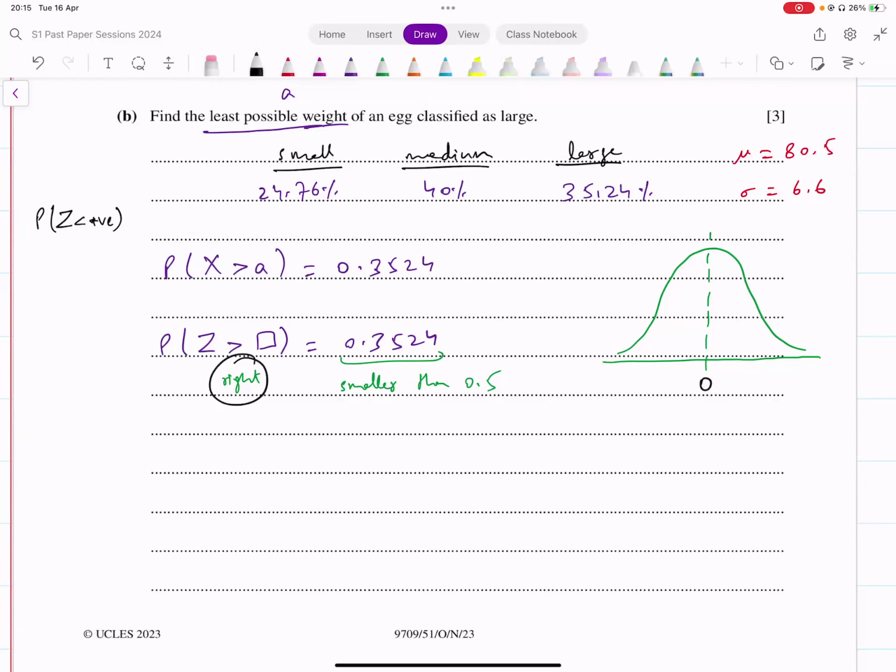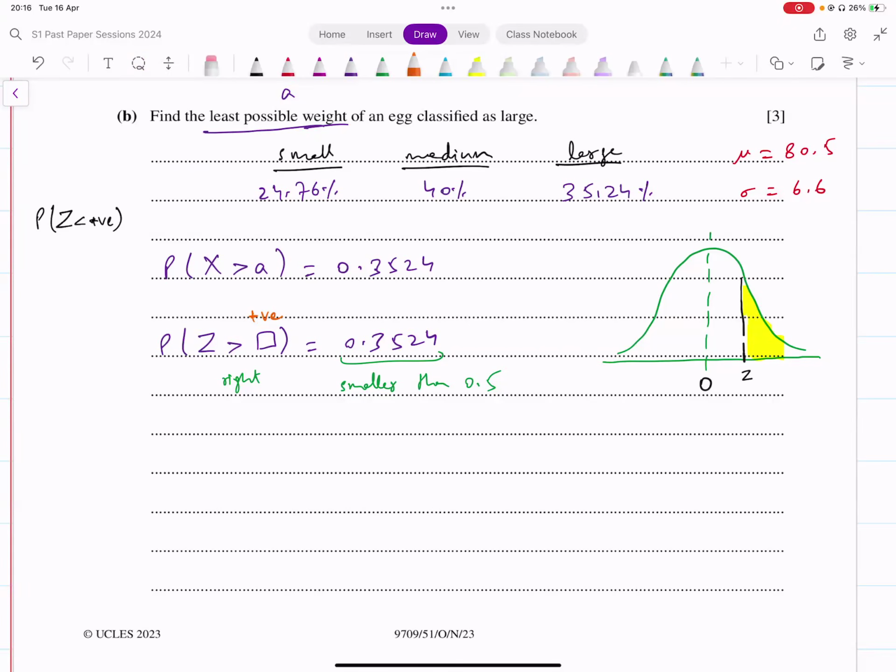The area to the right has to be smaller. Now, if Z was here, the area to the right would be bigger. The area to the left would be smaller. And if A was on the positive side, in that case, the area to the right would be smaller. So that means that Z is supposed to be a positive number. This is the first thing you have to figure out. Okay, Z is positive.